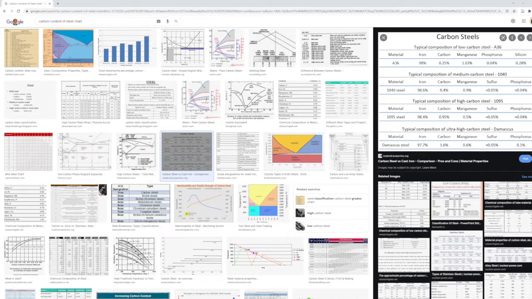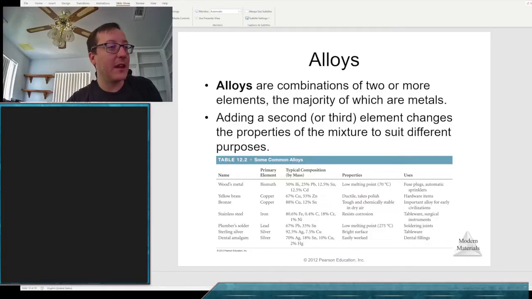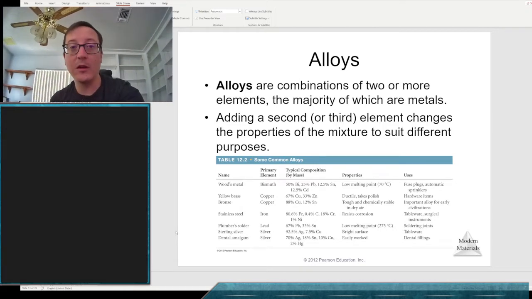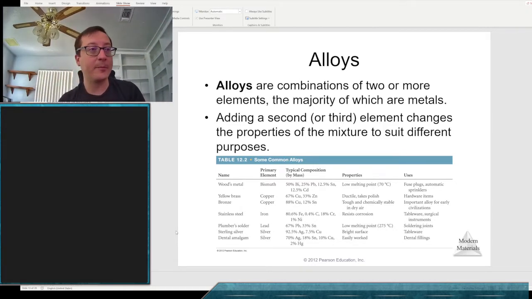So you can have all these sorts of different steels, and you're not limited to just one alloy. The point of this is illustrating that you can have so many different types of steel, so many different alloys, depending on the composition that you have. And so for whatever your purpose is, you can make alloys that will suit that purpose. These things can be pretty exact in their compositions, which is very important for their properties.